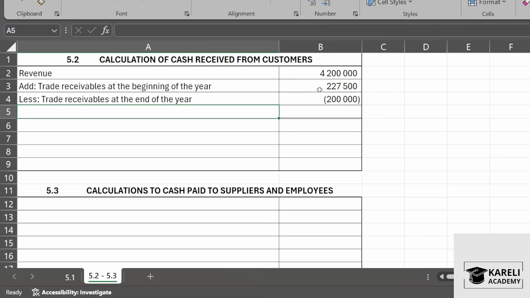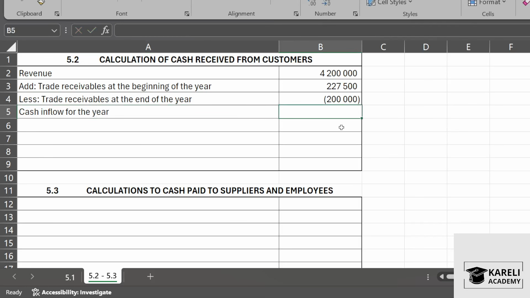Do we see that? And then the total that we get, it will be called the cash inflow. The cash inflow for the year.